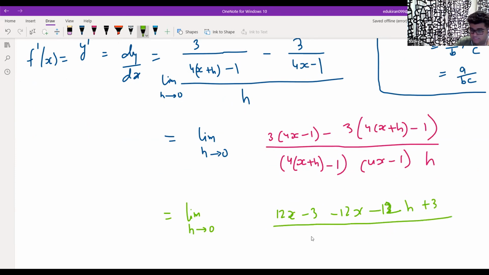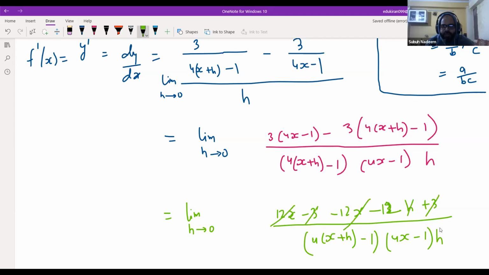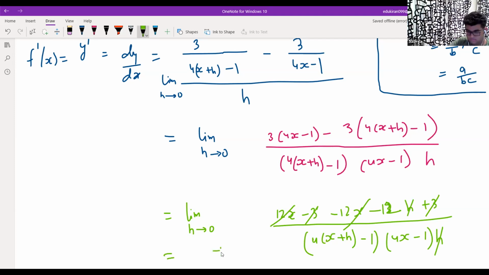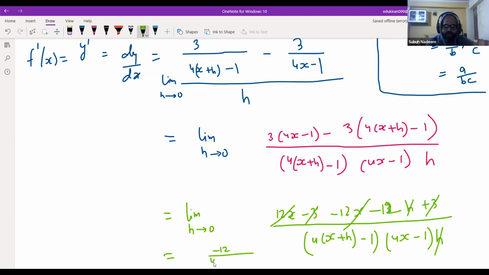So the top gets cancelled completely, except minus 12h. And then the h and h get cancelled. Now you put h is equal to 0. So you get minus 12 by (4x minus 1) into (4x minus 1), which is this, right? Yes, this you got correctly.